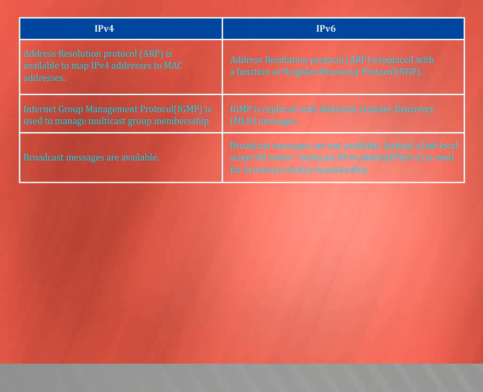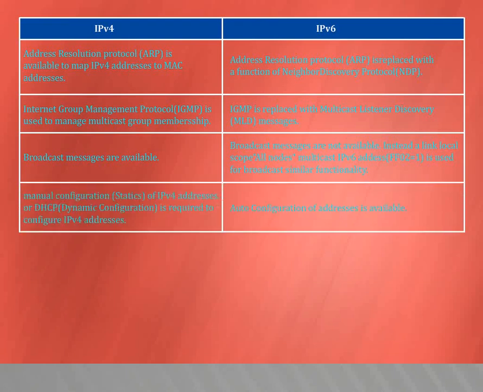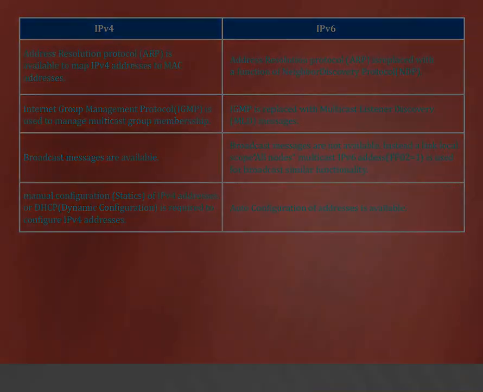Broadcast messages are not available in IPv6. Instead, a link-local scope all-nodes multicast IPv6 address, that is FF02::1, is used for similar broadcast functionality. Manual configuration (static) of IPv4 addresses or DHCP (dynamic) configuration is required to configure IPv4 addresses. In IPv6, auto configuration of addresses is available.